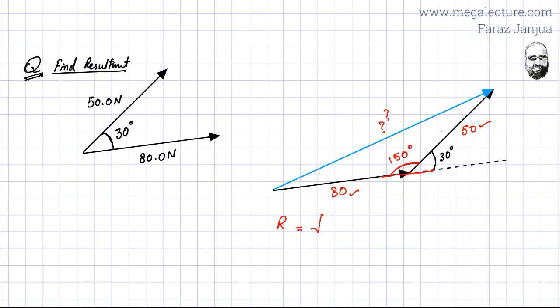It will be the square root of 80 squared plus 50 squared minus 2 times 80 times 50 times cos 150. Now this is a tip from Mega Lecture for you guys.